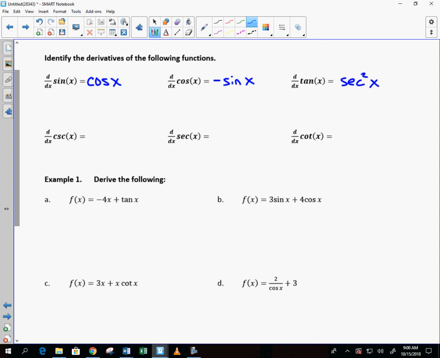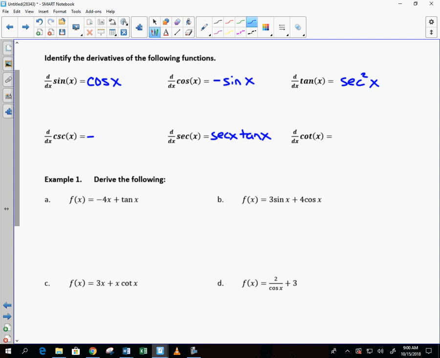The derivative of secant, well, I usually do secant first because I remember that all the time, is secant of x times tangent of x. The derivative of cosecant is kind of like the derivative of secant.